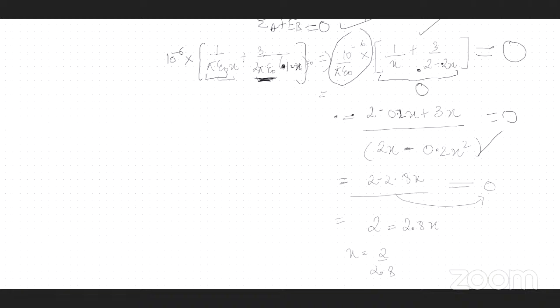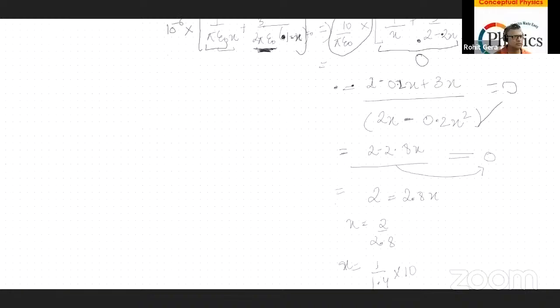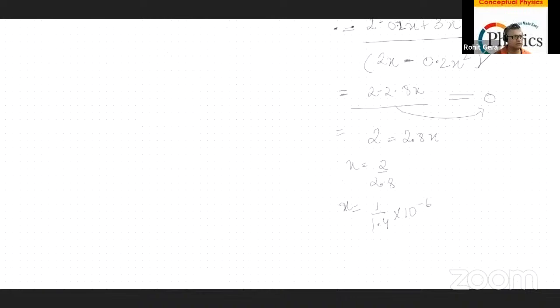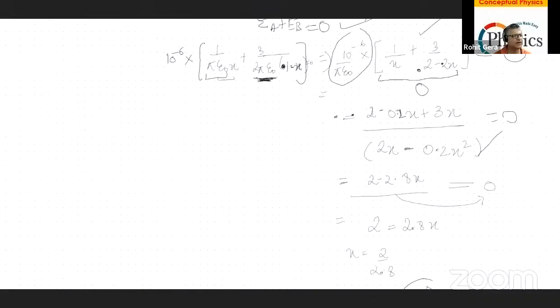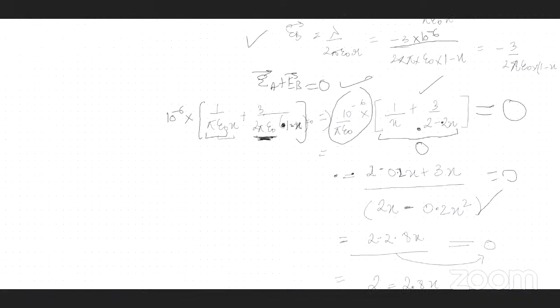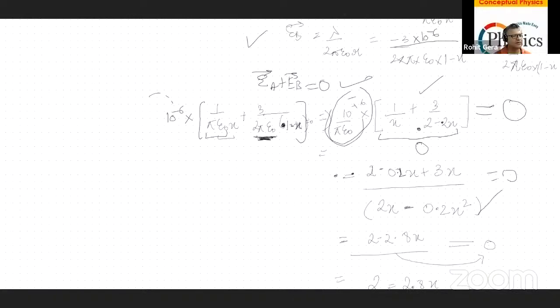Show me. Into 10 to the power minus 6. How did you get 10 raised to the power minus 6 suddenly? Wait, I didn't. Sorry, this whole thing had become 0. I'm just checking that.